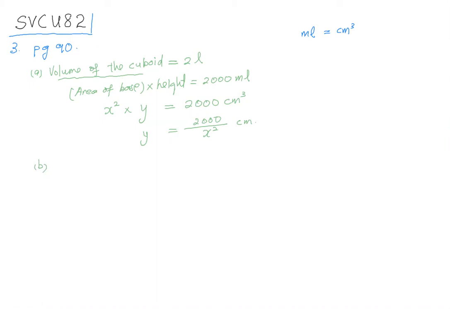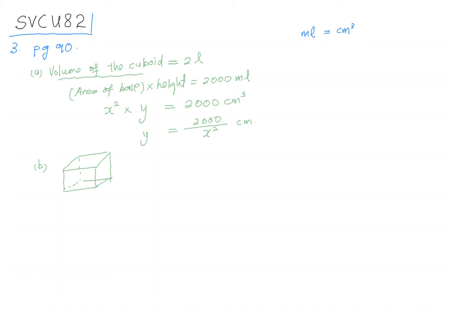Okay, so now part B says, show that the surface area of the box A is given by. Okay, if I talk about a cuboid, how many faces are there? There are how many faces for a cuboid? But you have to remember. Six? Yes, thank you.